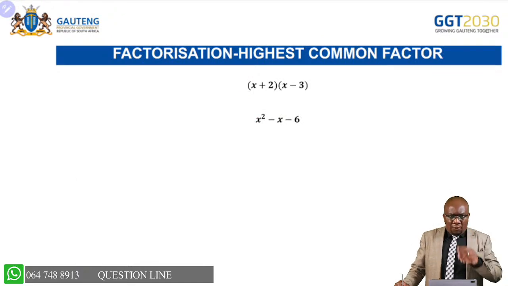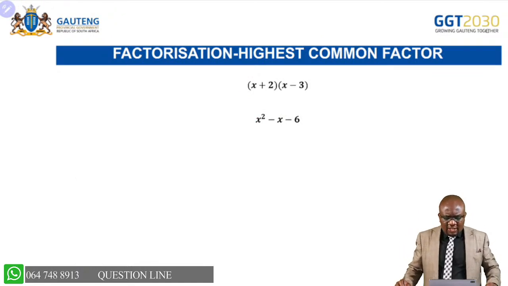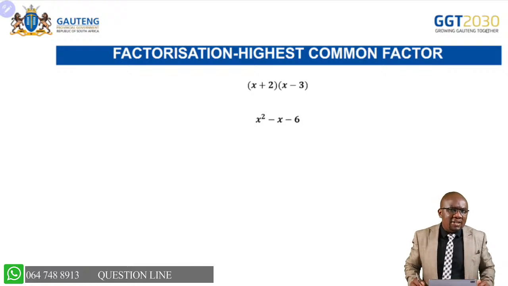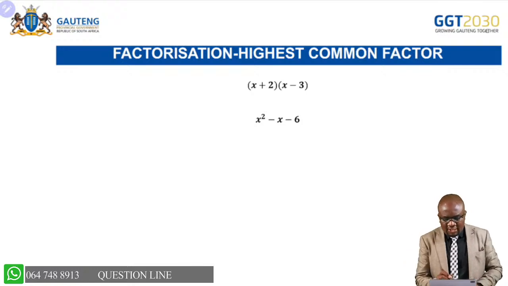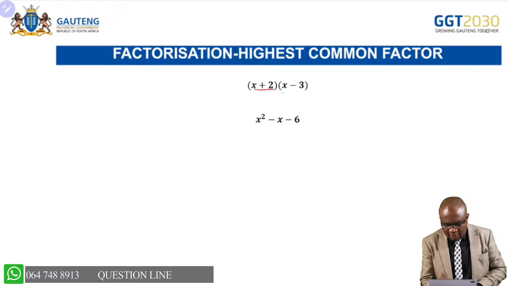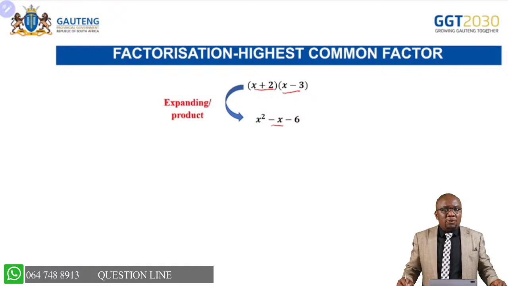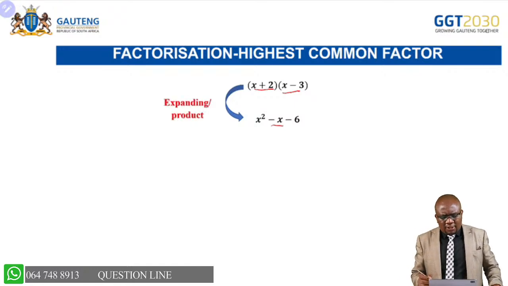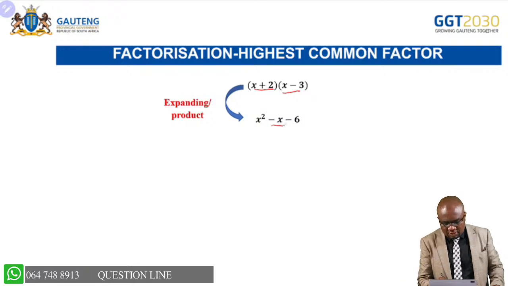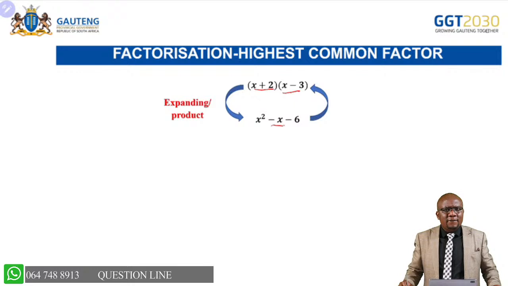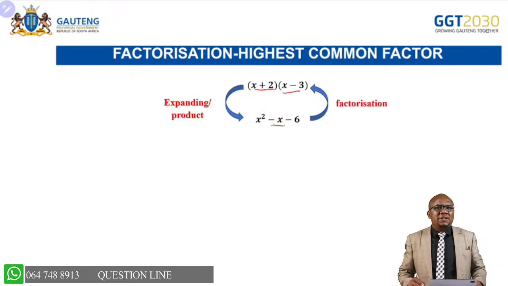I want you to observe something. If we expand, we said we're finding what? The product. If we multiply this and this, we got this. We multiplied, we expanded there. Expanding, we found the product. What about if you are moving from this product to its factors? What are we doing? We are factorizing. That is factorization.